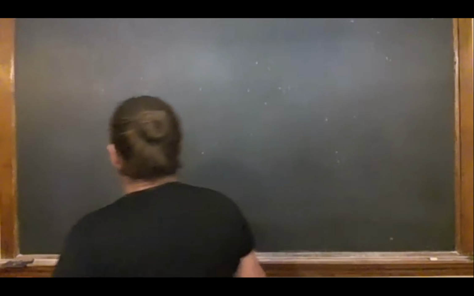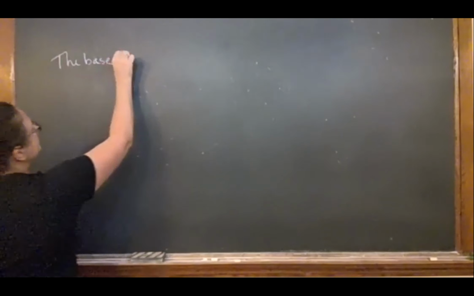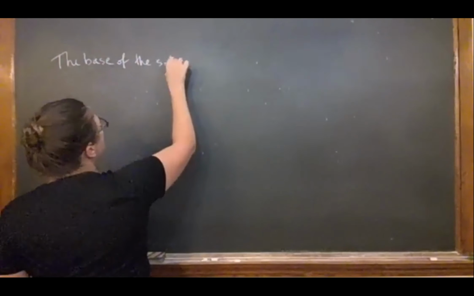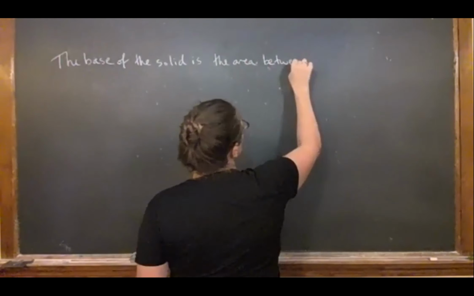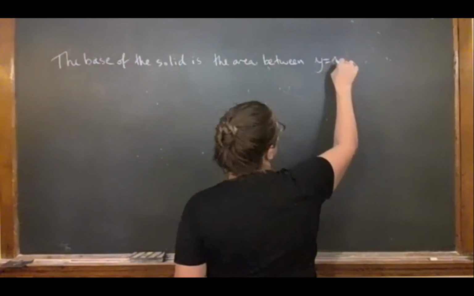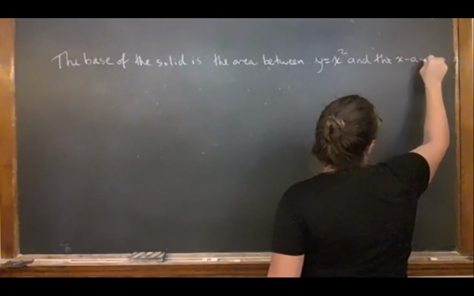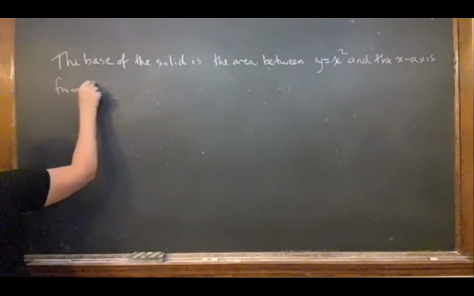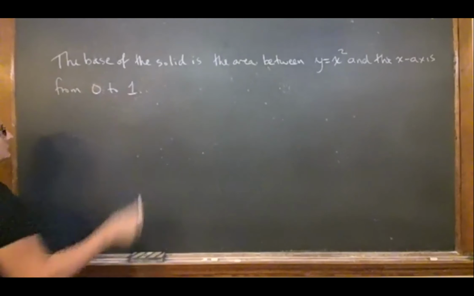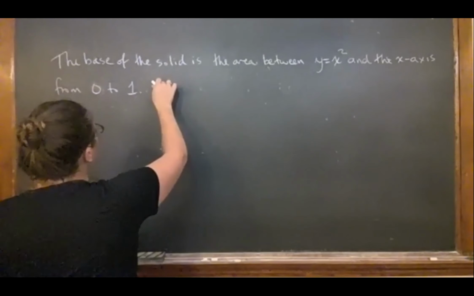And this was the picture, the base of the solid is the area between y equals x squared and the x-axis. And it looks like he drew it from 0 to 1. And I'll see if I can link those for you in case you want to take a look at them again.